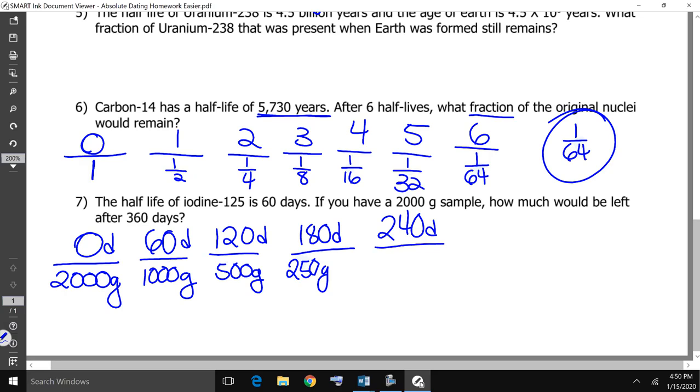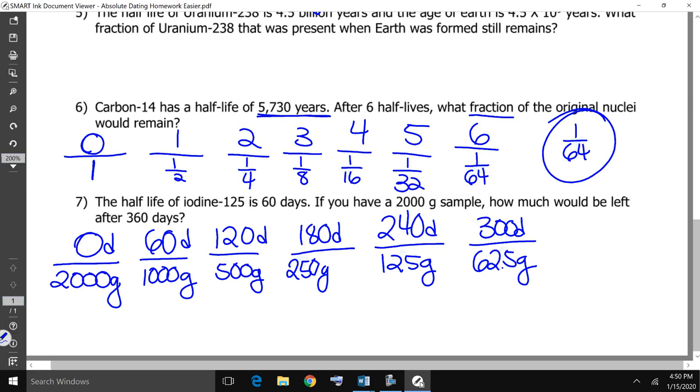Dividing our amount left in half, that's 125 grams. 240 days plus 60 days is 300 days. 125 grams, our amount divided by 2 is 62.5 grams.